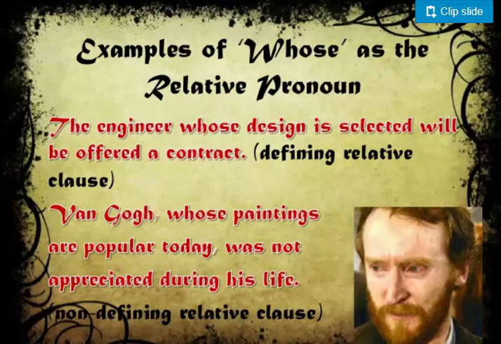Van Gogh, whose paintings are popular today, was not appreciated during his life. So it is a non-defining relative clause because everyone knows he is a famous painter, but he was never appreciated during his life. After his death, he got the fame. So it is extra information, right?